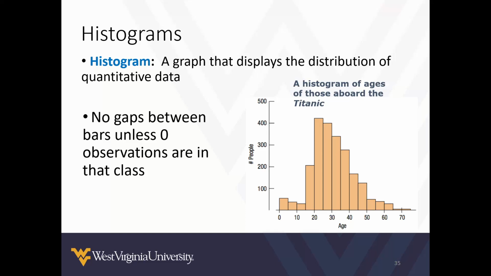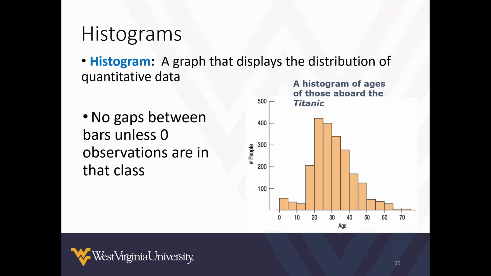The only difference is that bar graphs are displaying categorical data, histograms display quantitative data. And because of this, there are no gaps between the bars unless there are 0 observations in the classes that we created. So again, histograms for quantitative, bar graphs for categorical.